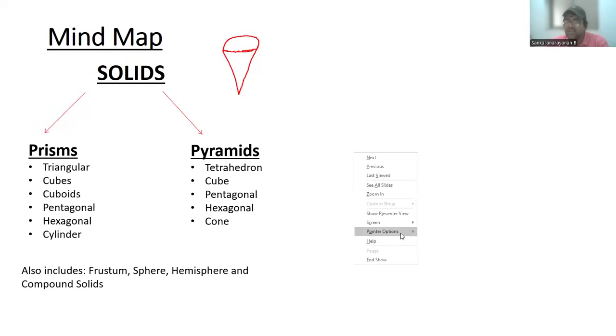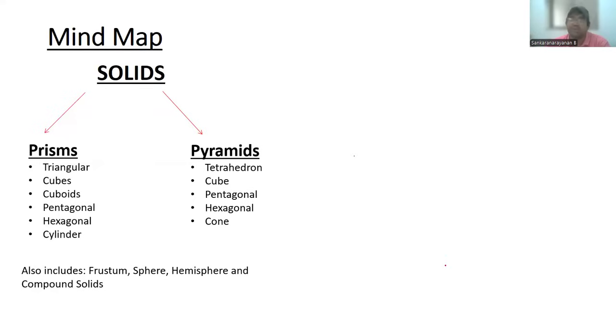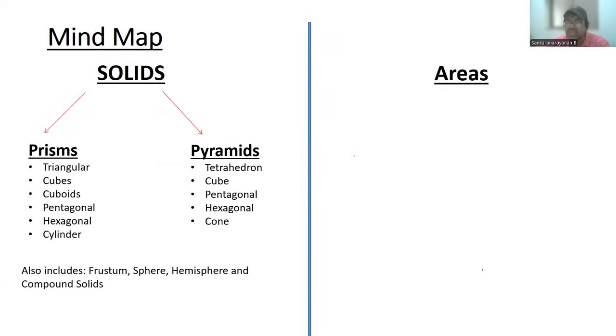This is the mind map that you should have in your mind when you are learning this topic and also when you are recalling certain things later, while doing problem solving. Now, what are we going to deal with in all these solids? We are going to consider calculating the areas and volumes, which are our focus.